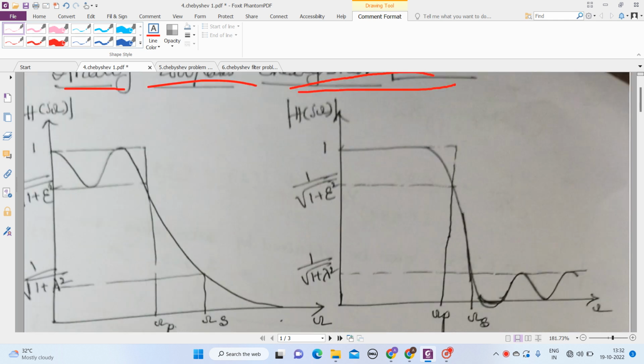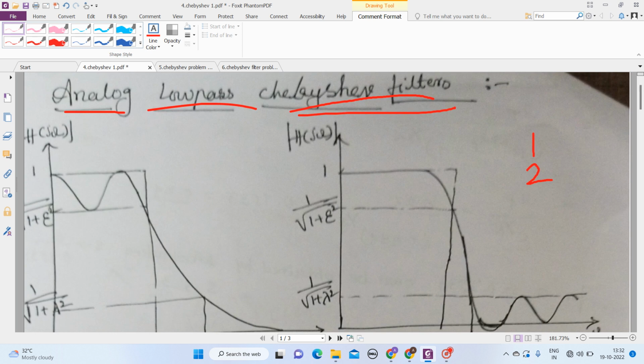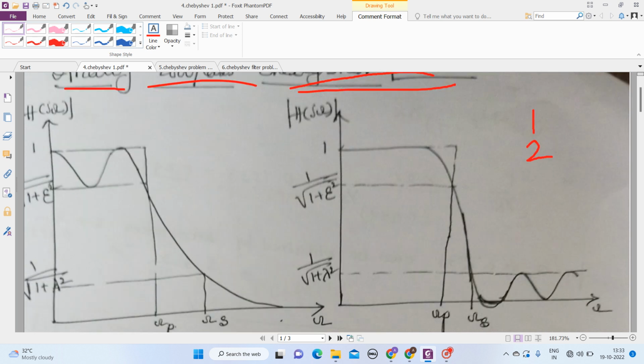We know that we have two methods to design analog filters. One is Butterworth, the second one is Chebyshev. Chebyshev filters are again classified into type 1 and type 2.